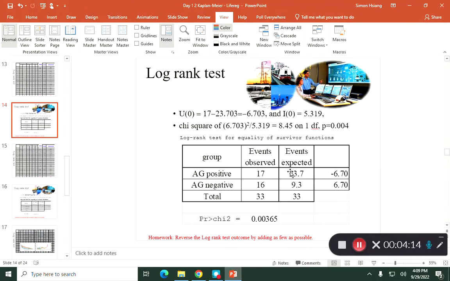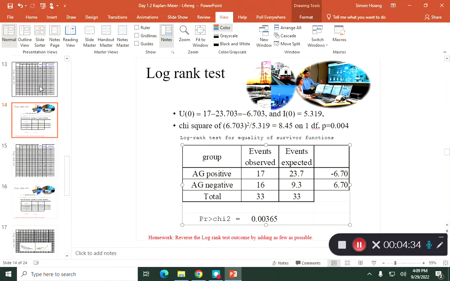If one group is positive 6.7 ahead, then the other group is 6.7 behind. The sum of square, of course, is 6.7 squared divided by the variance, with 1 degree of freedom.